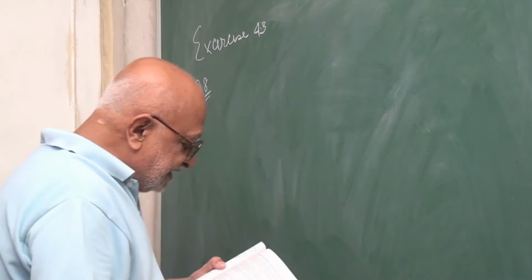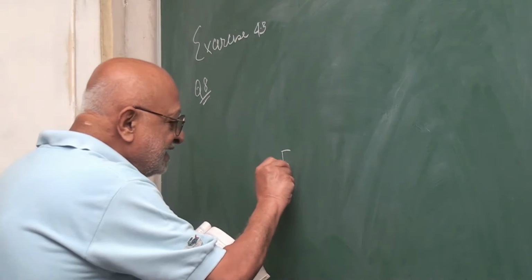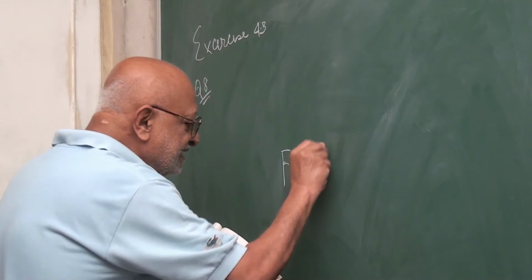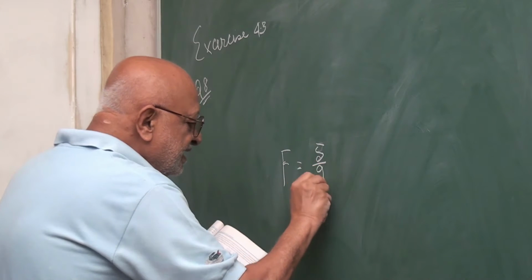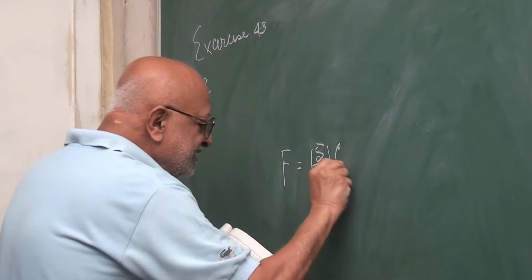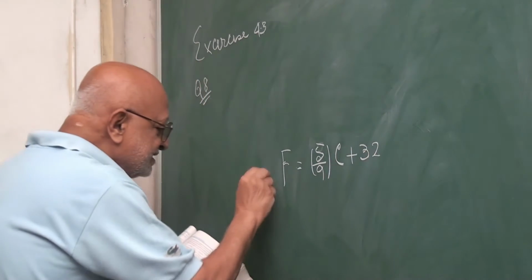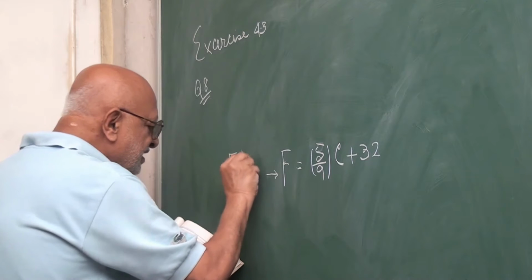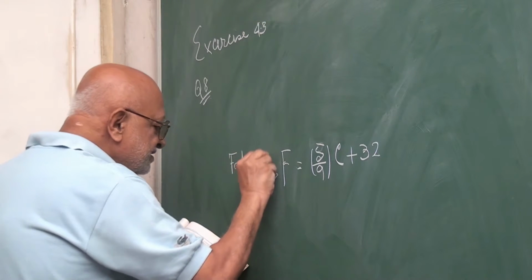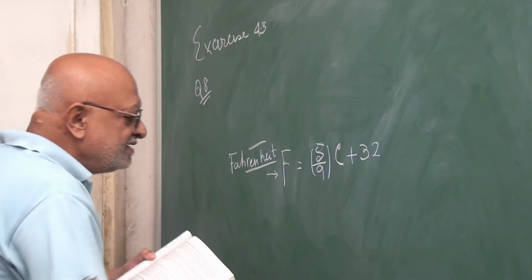So this says that there is a relationship between the Fahrenheit and Celsius scale, that is F = 9/5 C + 32. Now let us see what they are. This is Fahrenheit. Fahrenheit is the name of a scientist who developed this scale.